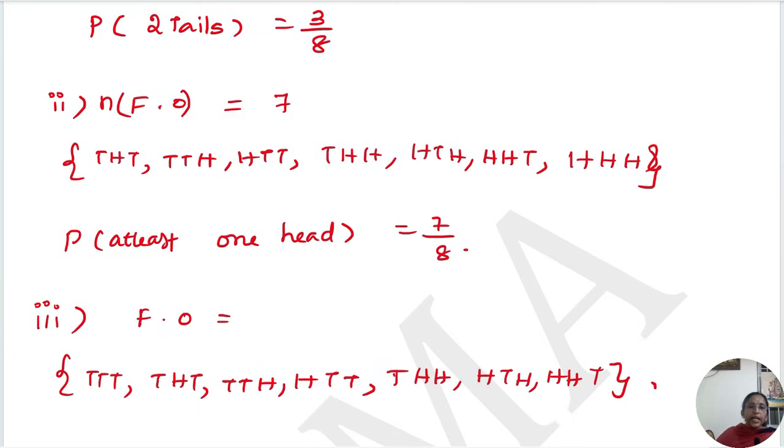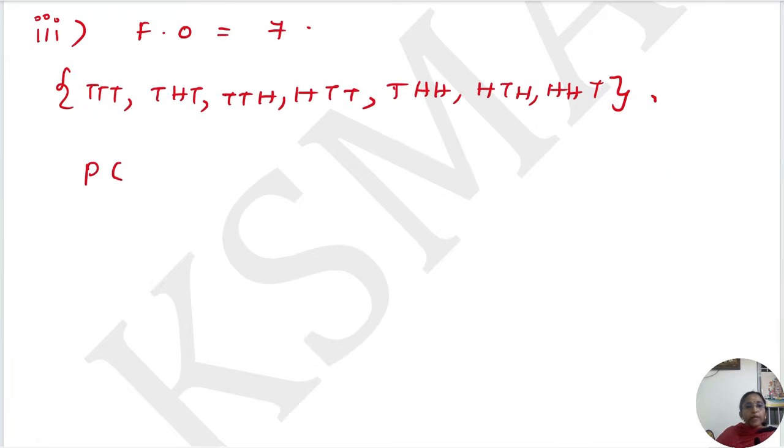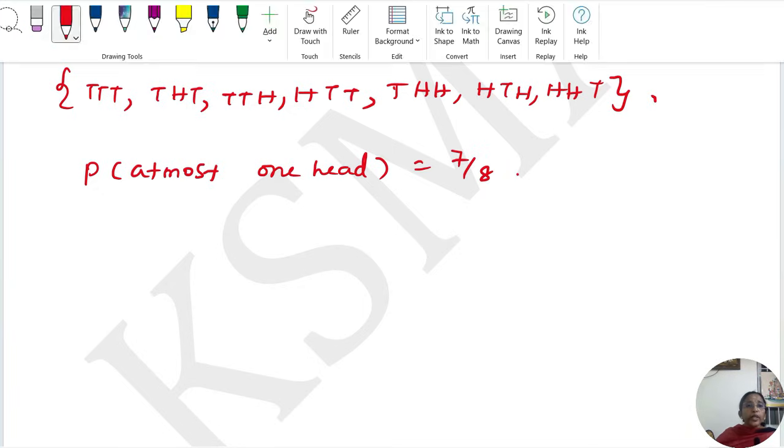So this is our data. Again it is 7. So the probability of at most 2 heads is equal to 7 divided by 8.